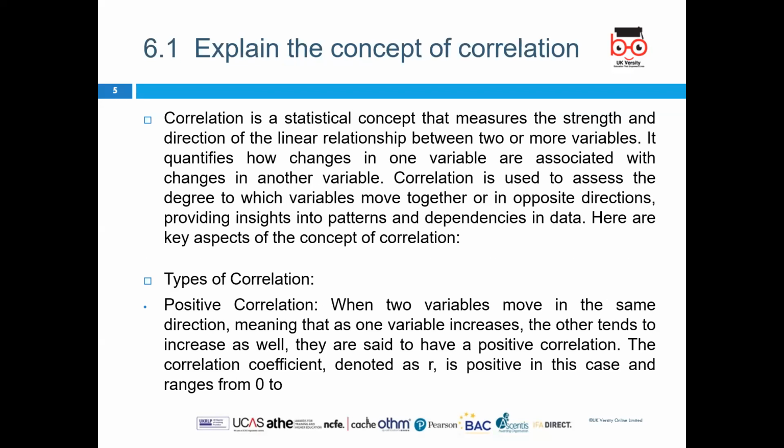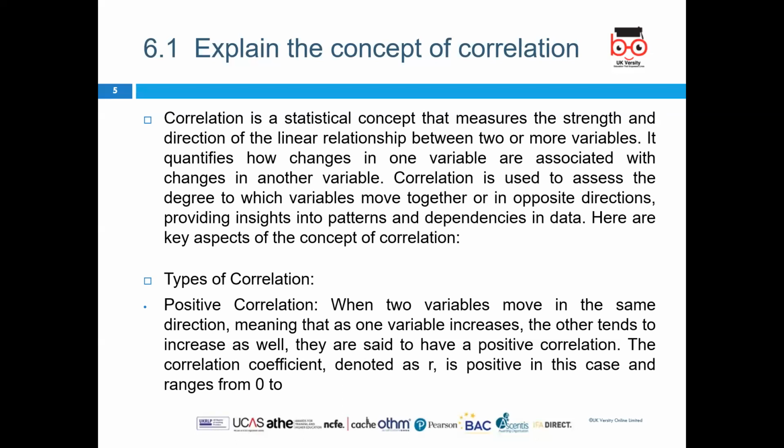The first one is explaining the concept of correlation. In the simplest terms, correlation measures the strength and direction of linear relationship between two or more variables. It quantifies how change in one variable is also associated with changes in other variables.